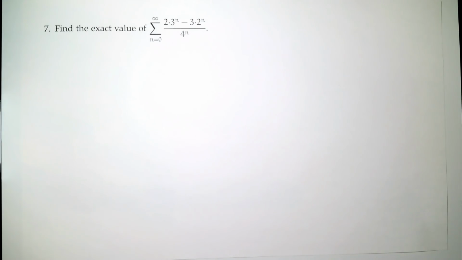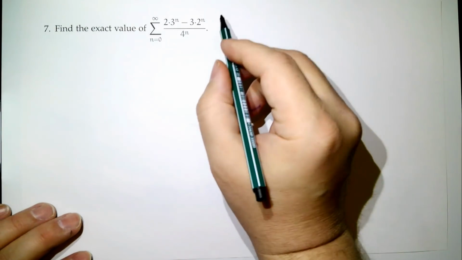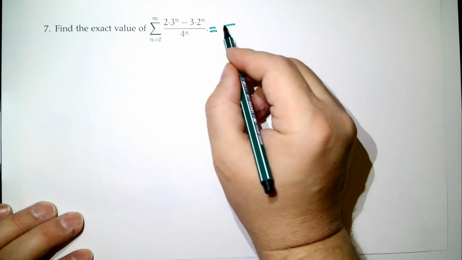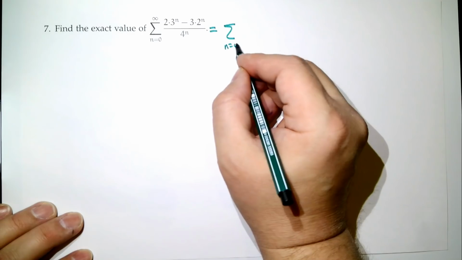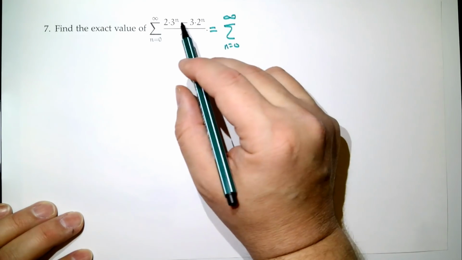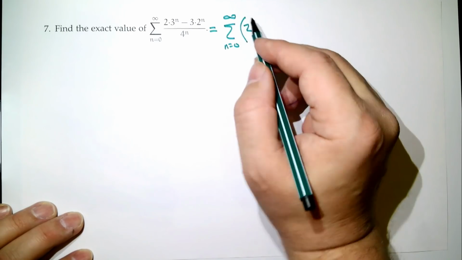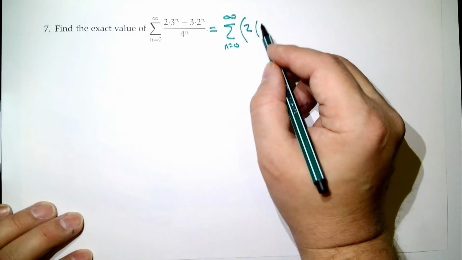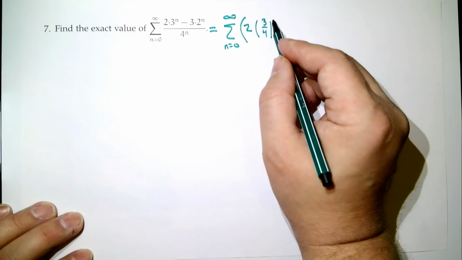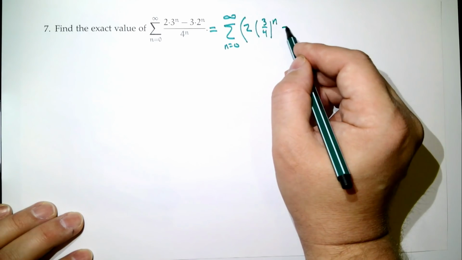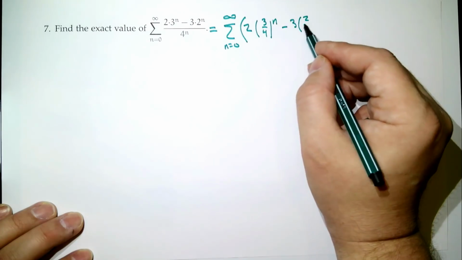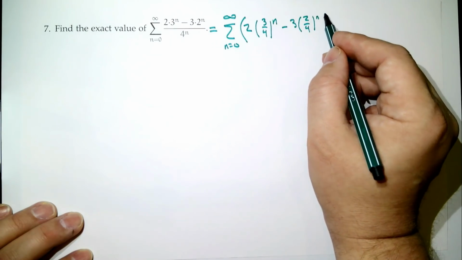Which one is this? Yeah, it's geometric. Now remember that geometric means it's like something to the n. That's sort of the clue of geometric. Now one of the things here is that they can obfuscate. In this case, they really are trying to put 2 things together, thinking it will throw us off. But we are better than that. So it's 2, then times 3/4 to the n, then minus 3 and 2/4 to the n.